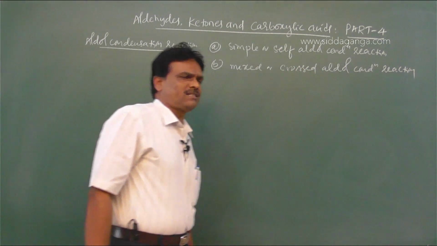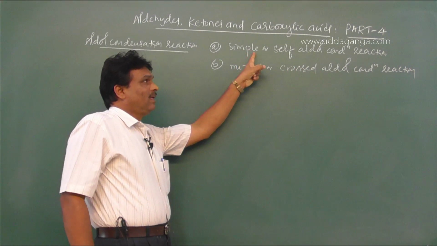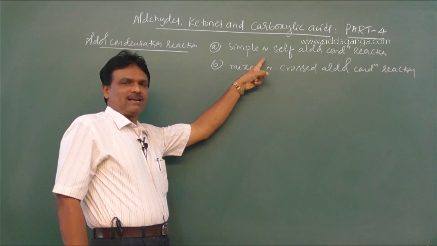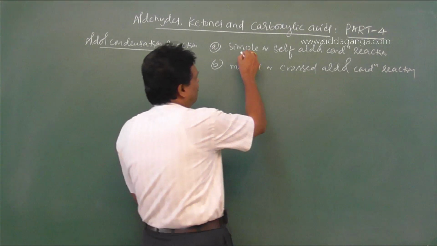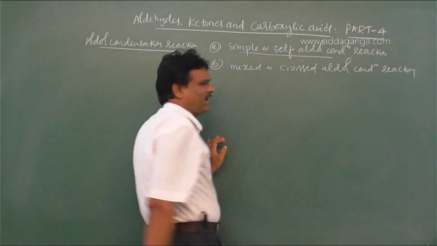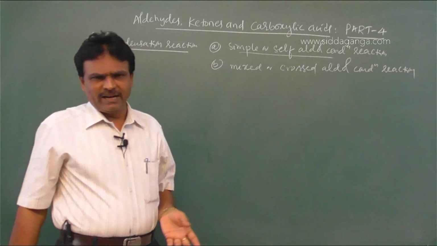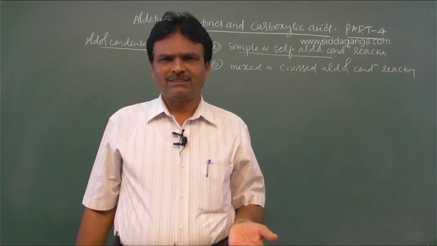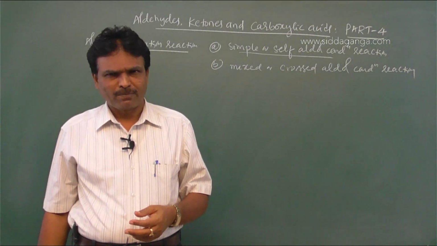In the last class I discussed the simple or self aldol condensation reaction. In simple aldol condensation reaction, two aldehyde or ketone molecules are involved and those two compounds are the same.